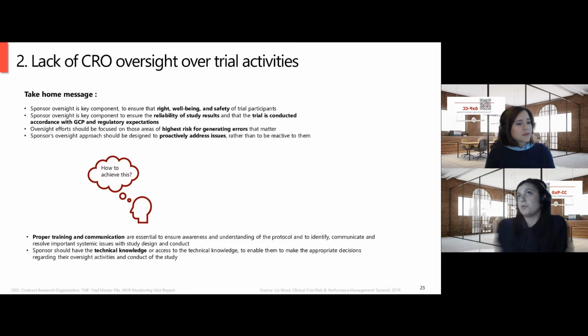They can also perform co-monitoring visits with the CRO, or review, for example, the monitoring reports written by the CRO, basically to get an idea how the CRO is working, what the trends and issues are that they are confronted with, and whether they are paying attention to detail. So these are a few of the ways sponsor oversight can be kept in a study and also improved.